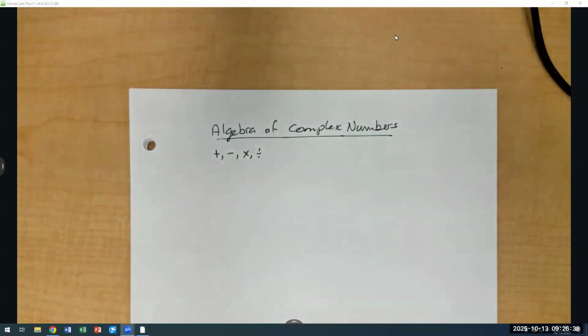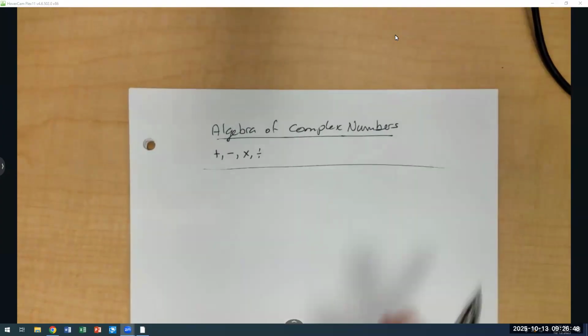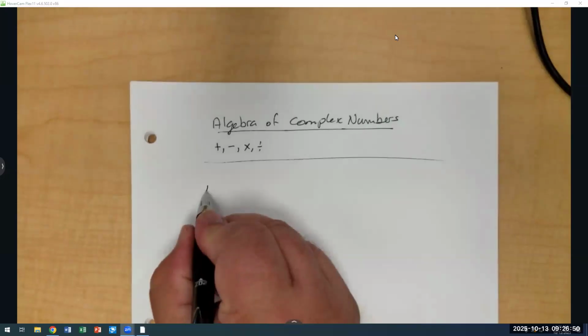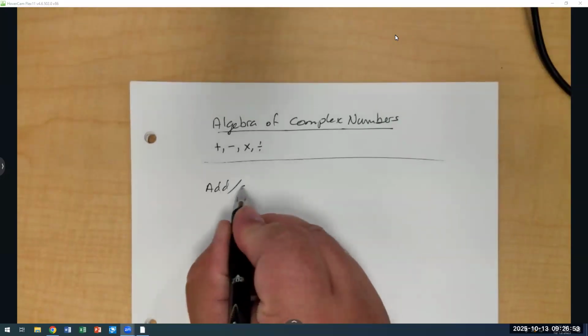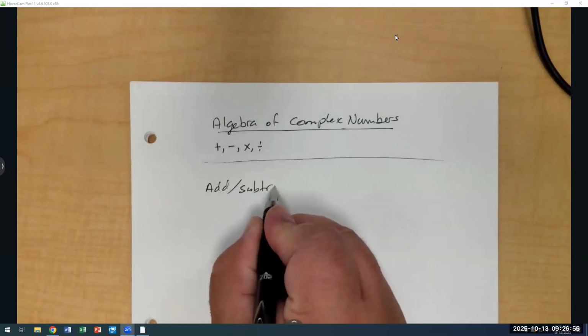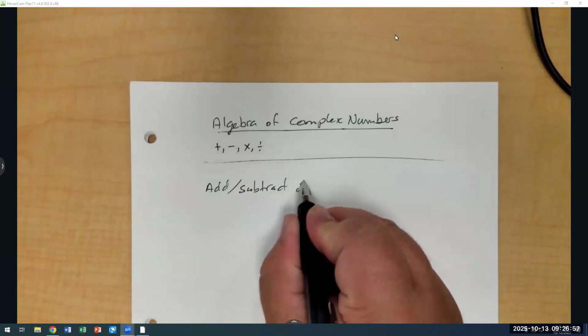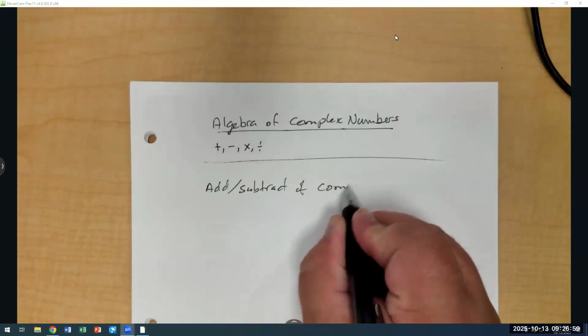It means I could add, subtract, multiply, divide with it. Yeah, turn it into an equation. There's an equal something. So let's first off look at add, subtract of complex numbers.